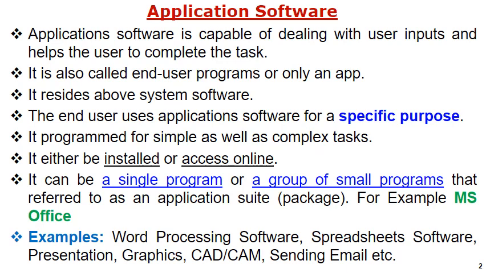These are four basic application-specific software integrated in MS Office. So MS Office is a package containing multiple programs, which is why it is a group of small programs. So we have seen what application software is and its specific features.